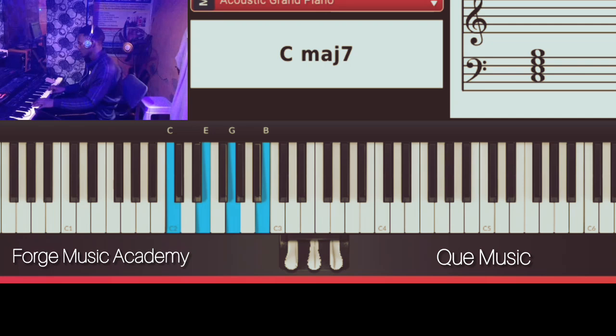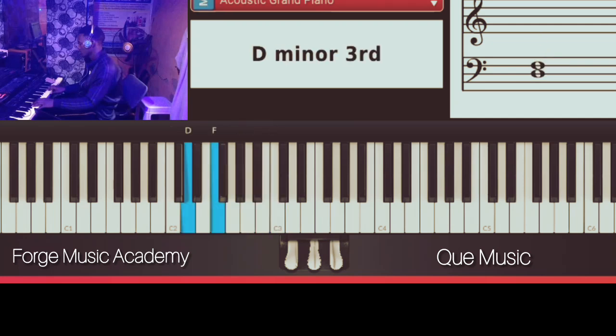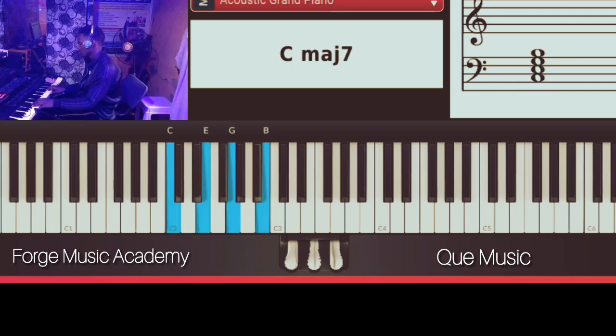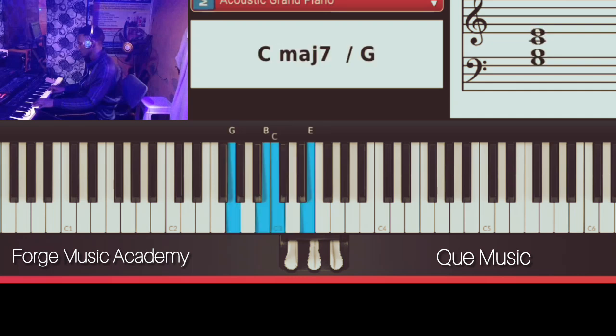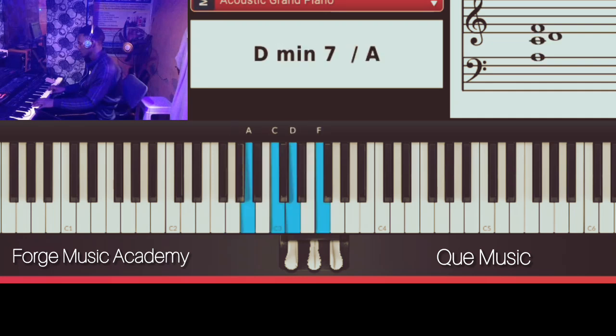It's already sounding interesting. Again, 2, 5, 1. I can decide to play this a different way. For example, I can decide to play it like this. 2, 5, 1. I can decide to play like that. Again, 2 is still the same thing.